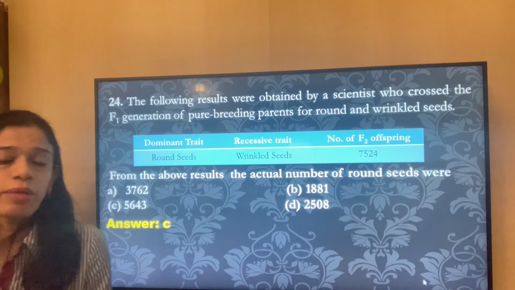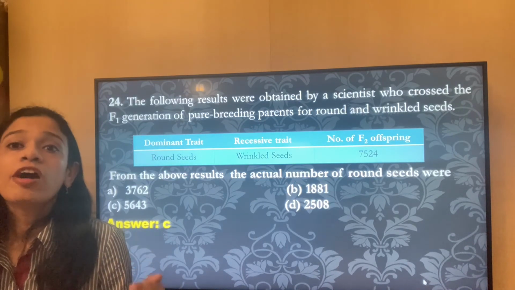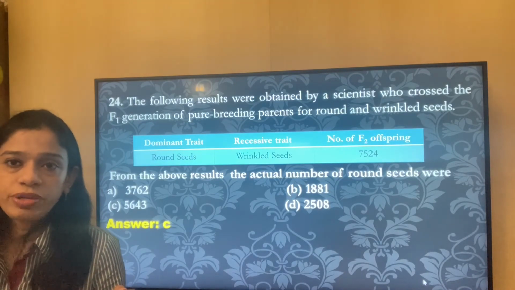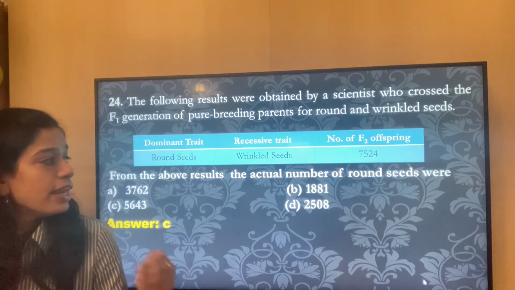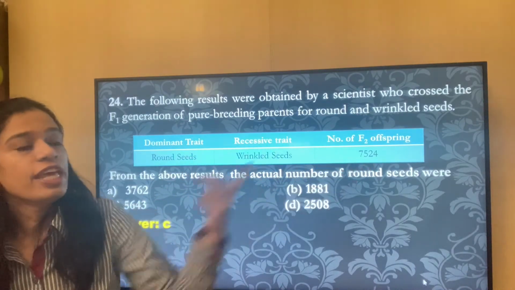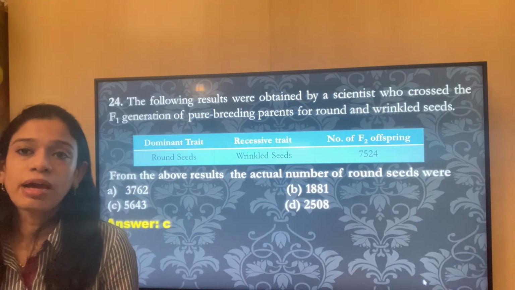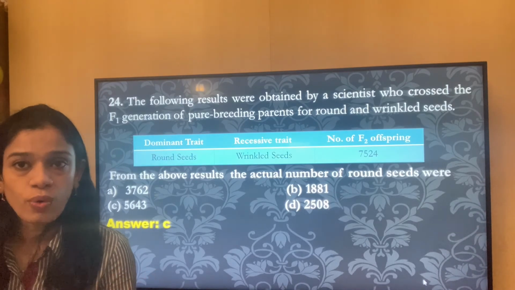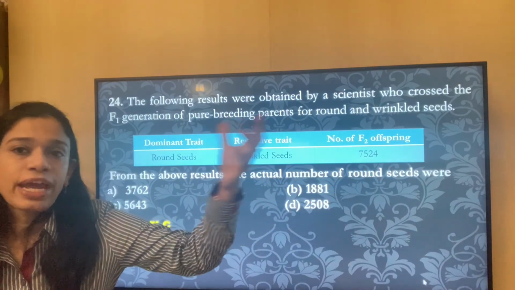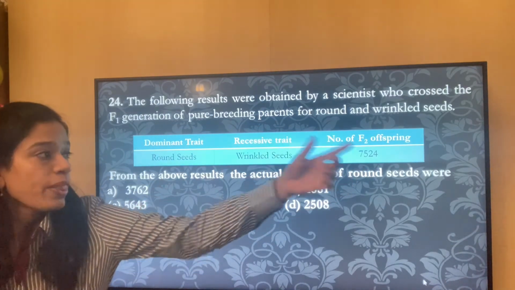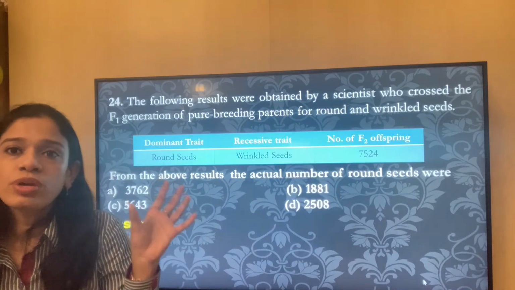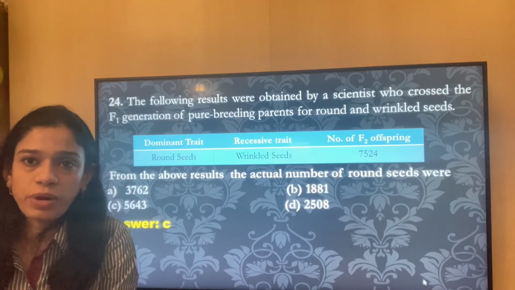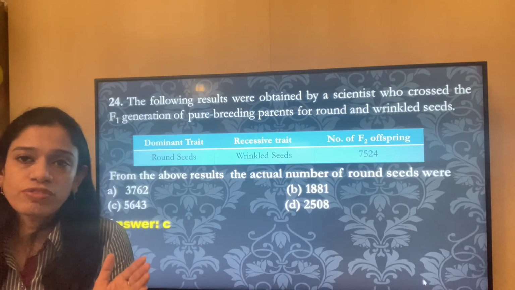Now if it is a monohybrid cross, if you remember, the phenotypic ratio should be 3:1. Now this 7524, the total ratio in 3:1 is 4. If you divide this by 4, you get 1881. Now this 7524 has to be divided into 3 parts and 1 part, because you have to fit in the ratio of 3:1.